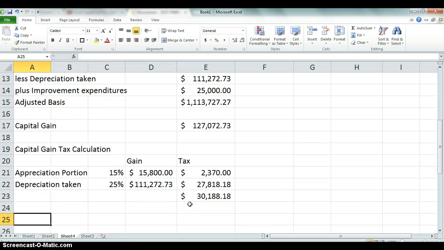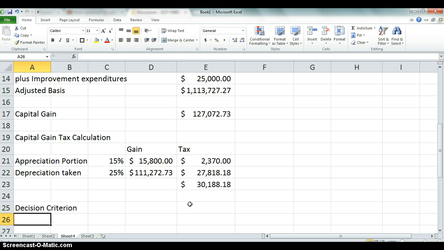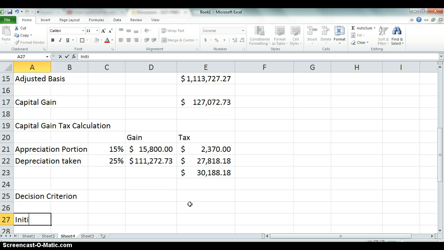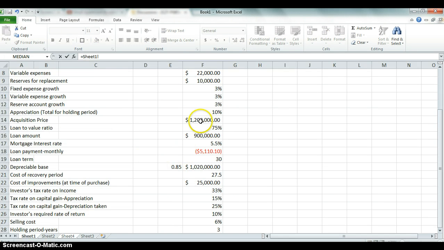Okay. Now we're going to go ahead and do some calculations for the decision criteria. First, the initial equity, which is the initial investment that we will have to make. It equals the acquisition price minus the loan amount.